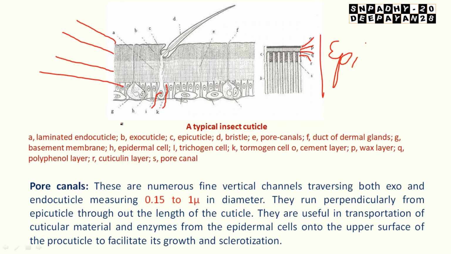Understood? So how to differentiate? First is epicuticle: cement layer, wax layer, then polyphenol layer, then cuticulin layer. Then comes what?